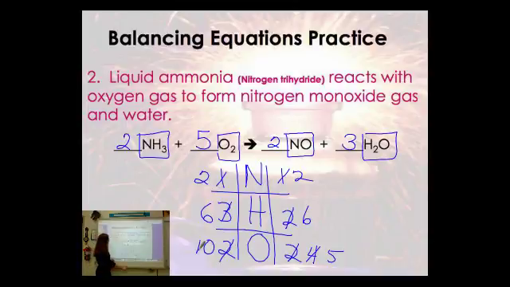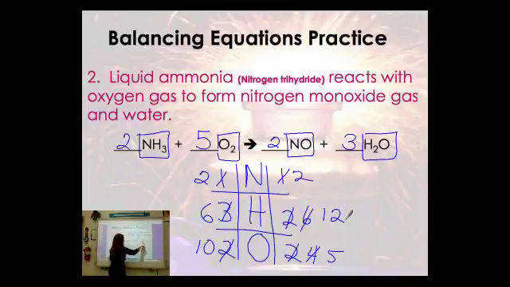If I change my water, I have to also change this. So what's my next multiple that I could get this guy to? We said that originally it was 6. Let's try and change it to 12.